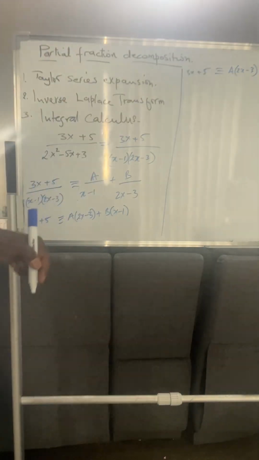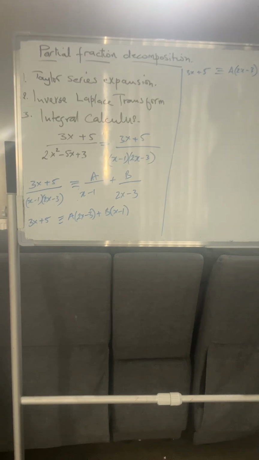So what would be the value of x to make this go to 0? Or the simplest one you can spot is here, b into x minus 1. You want to eliminate b. So what value do you give to x? If you give 1 to x, you say let x equals 1.